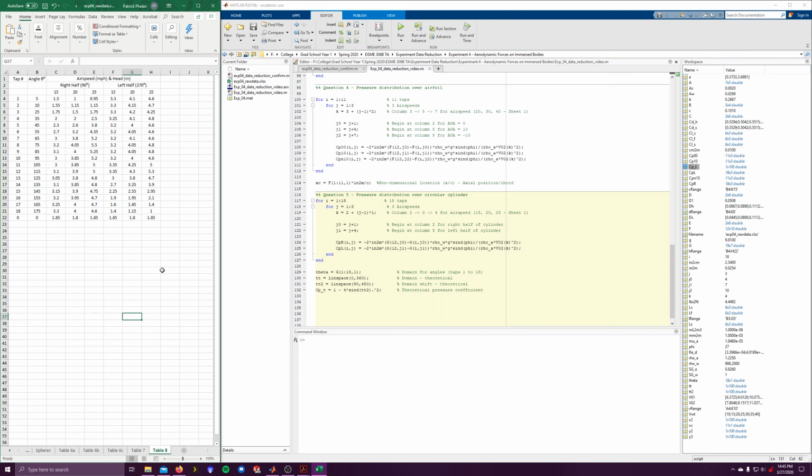Okay. And then just like we did up here, we have j0 equals j plus 1. We imported all of this. I want to start collecting for the right half of the cylinder, basically in the second column. So if j equals 1, then j0 equals 1 plus 1, j0 equals 2, and I'll start collecting data here.